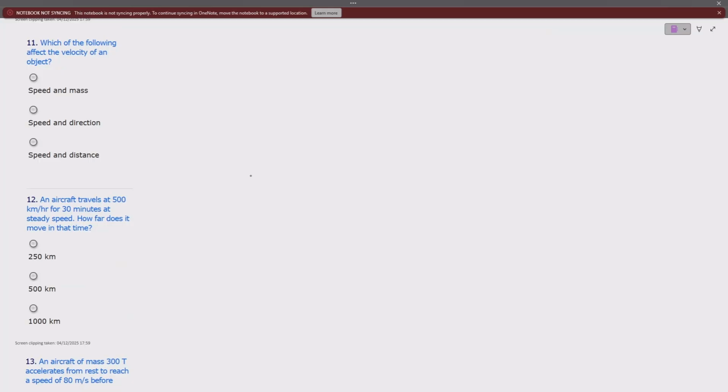Question number 11 says, which of the following affect the velocity of an object? So velocity is a scalar, sorry, it's a vector quantity.